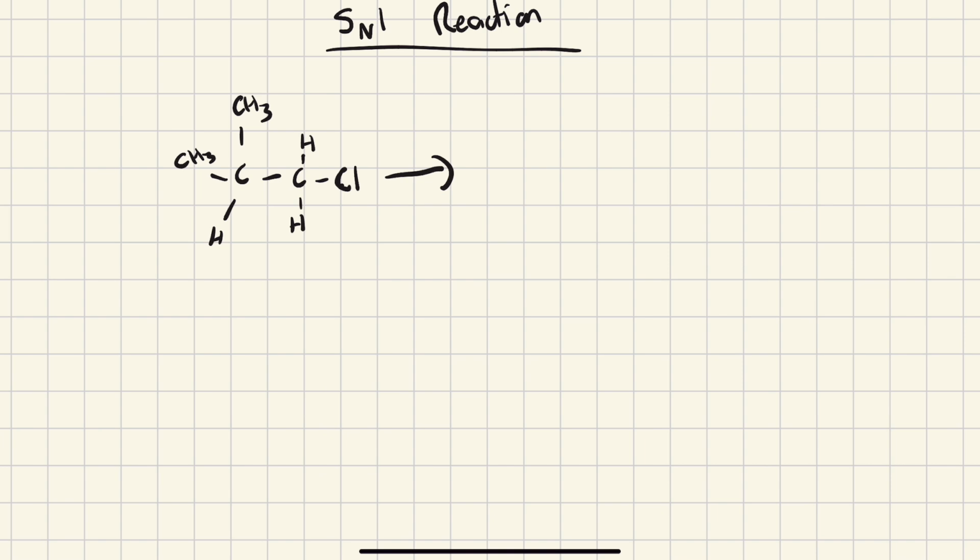Here, we have a slightly larger alkyl halide. Our first step is going to be the exact same thing. We're going to undergo SN1. That means we're going to form this carbocation. So if I separate the 2, and draw our carbocation, you might notice that the plus charge is going to be on a primary.